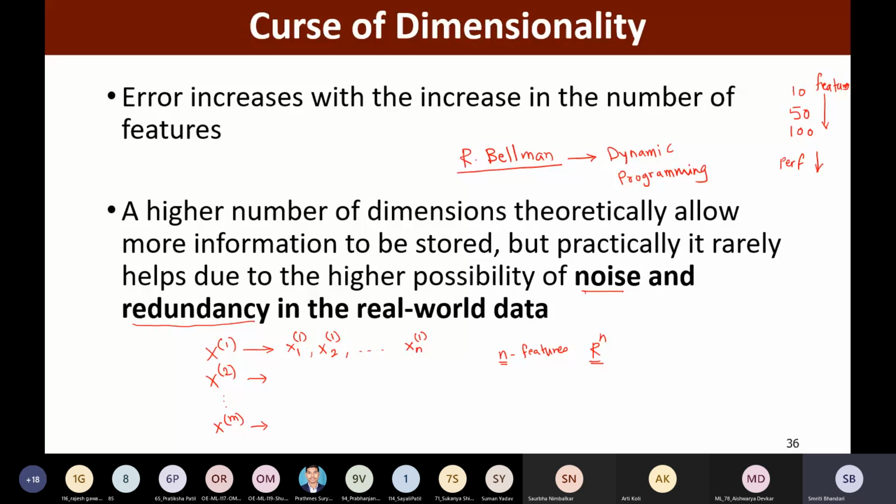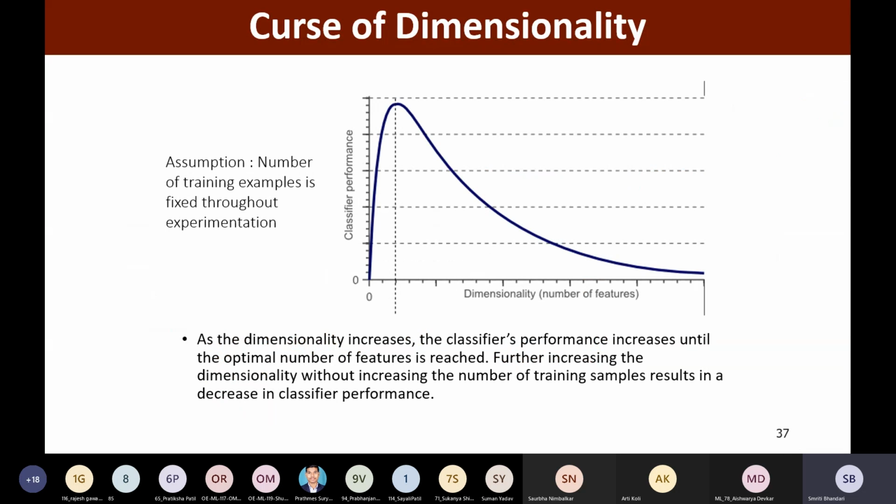I'll repeat, in machine learning, if we add dimensionality, that means if we add the number of features, then it is important to increase the volume of data also for training in order to maintain the similar level of performance. Right? So let us see with a diagrammatic representation what we mean by that.